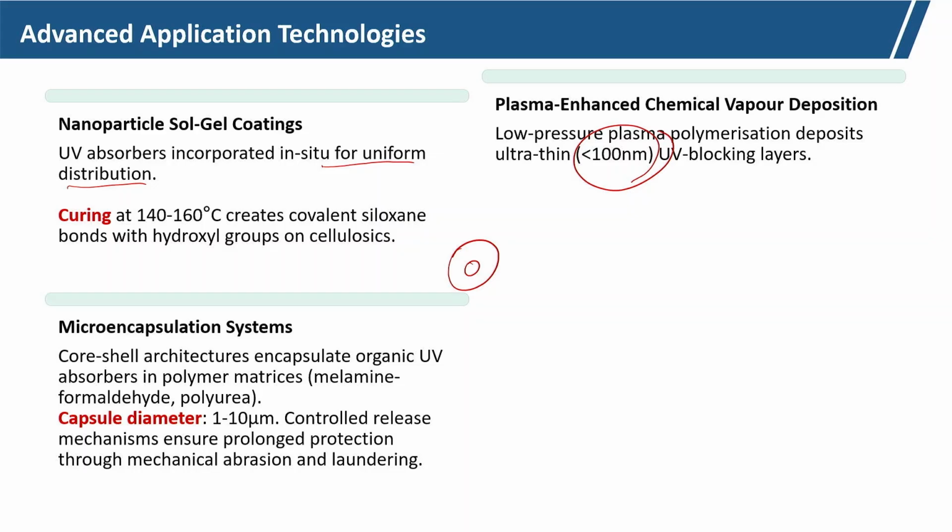So, the core sheath architecture encapsulates the core portion with UV blocking particles. Inorganic UV absorber is at the core, and in the sheath the polymer matrices, which is typically melamine formaldehyde. So, this is the sheath and the core is the UV absorbers.